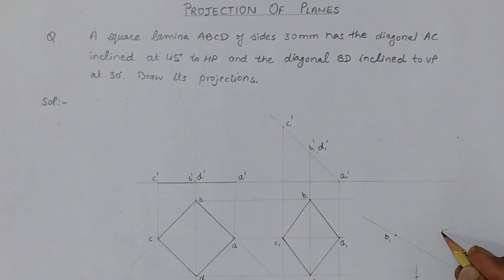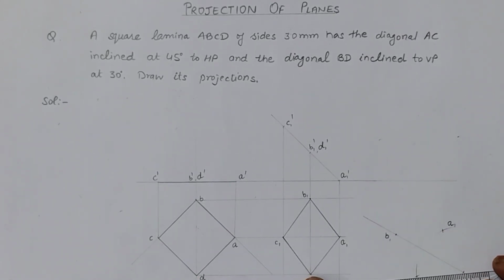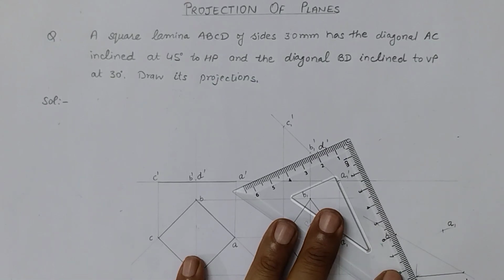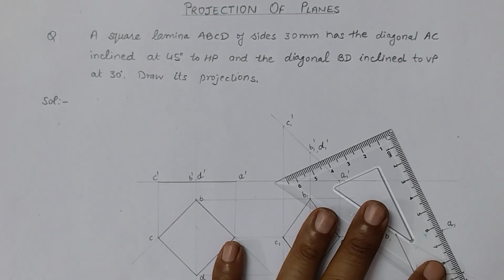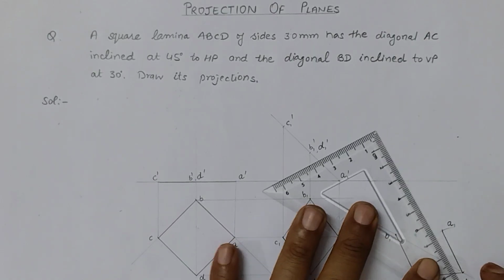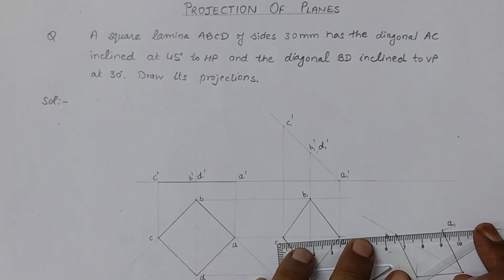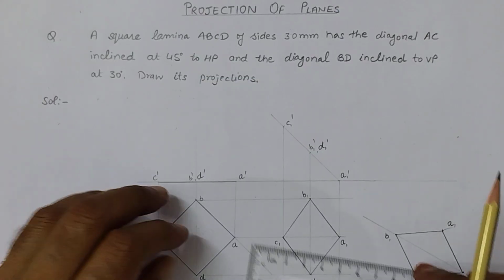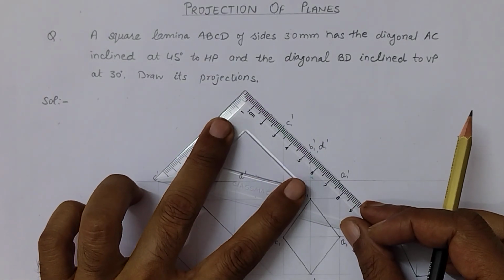So this point is A1 and this one is C1. Join these points. So we join this with the scale. Also draw this line.